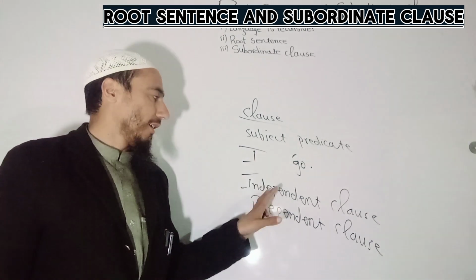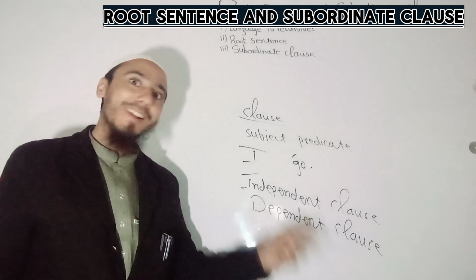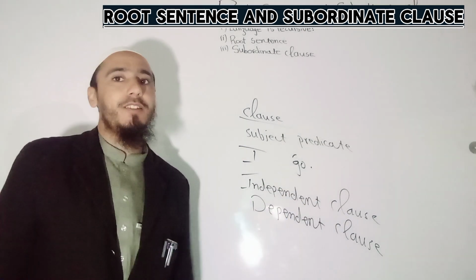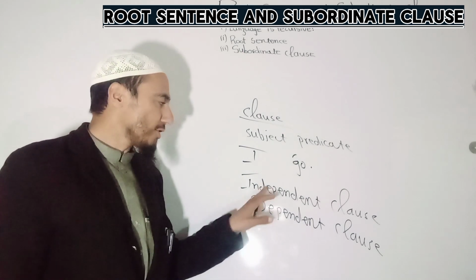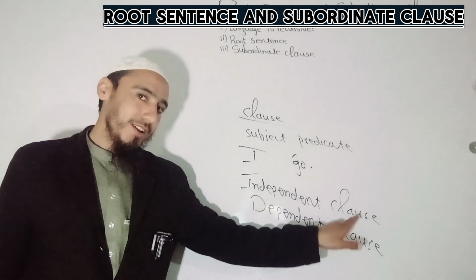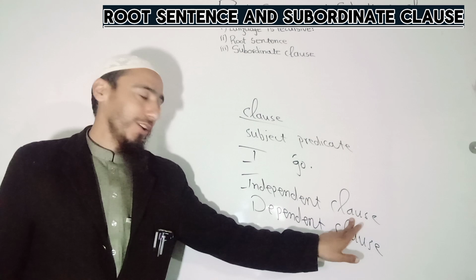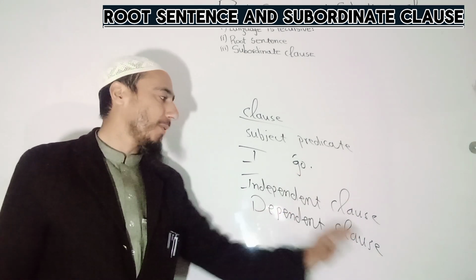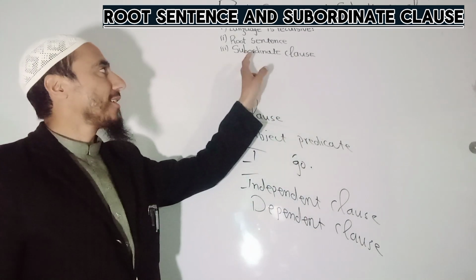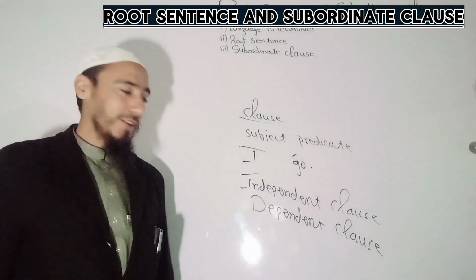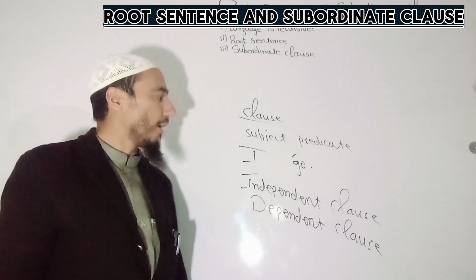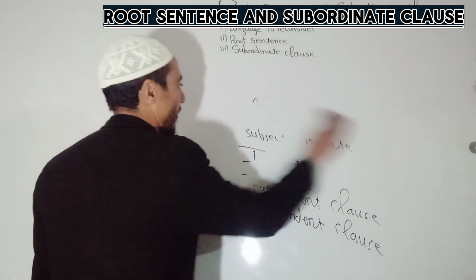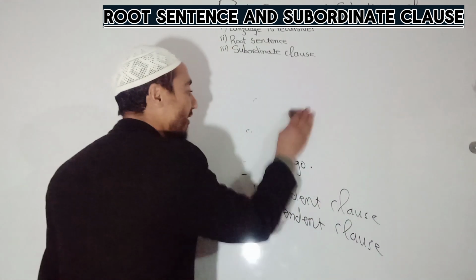It needs an independent clause. It needs additional information, and that is an independent clause to stand with it. So this is the difference. That's why independent clause is also known as a superordinate clause, and dependent clause is known as subordinate clause. So this is the difference. Now, we are going to further extend the topic. It was just the ground knowledge so that you know what a clause is.